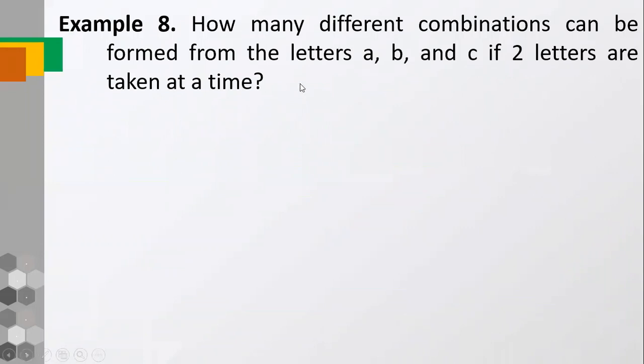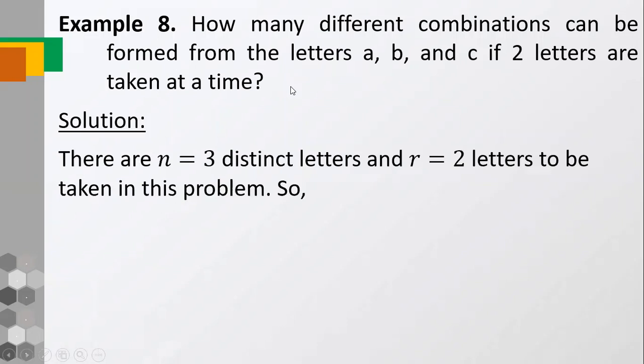For example, how many different combinations can be formed from the letters A, B, and C if two letters are taken at a time? So there are n, or three distinct letters, which are A, B, and C, and r, which are two letters that will be taken from the three distinct letters.